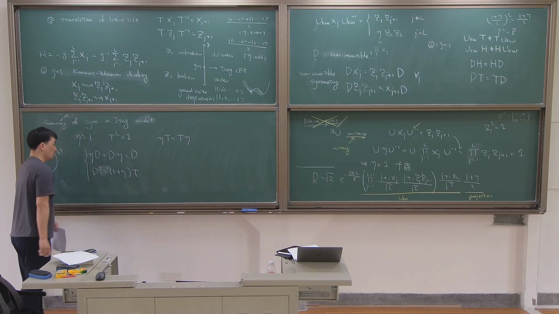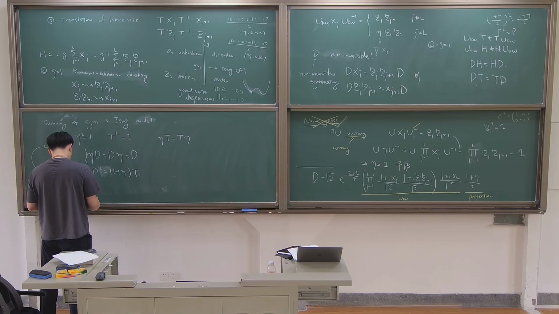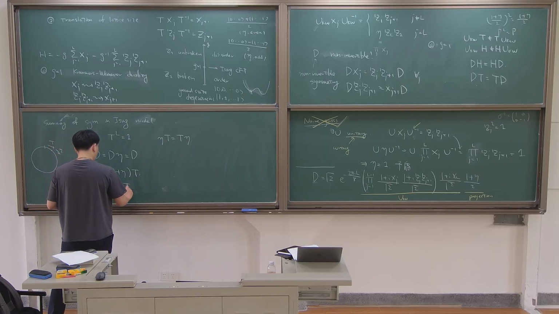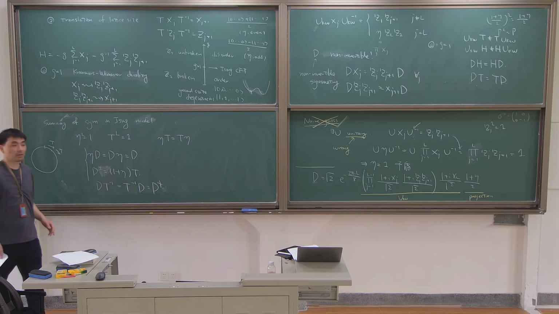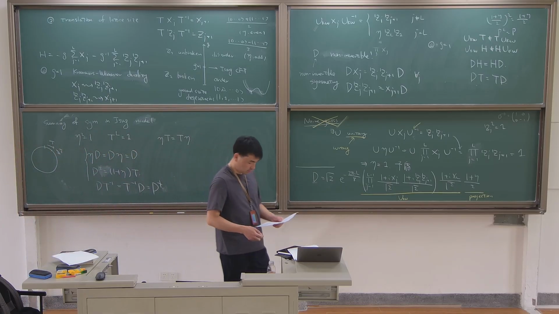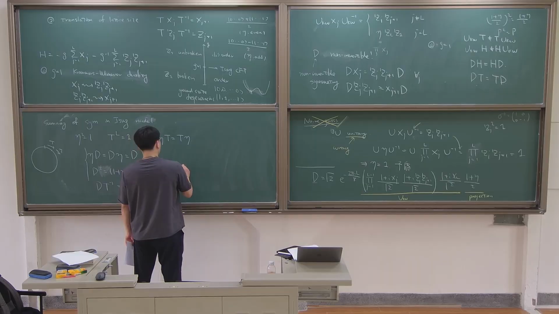So this is the property of D actually, and then also D T inverse is equal to T inverse D is equal to D. So these are actually the symmetry algebra in the Ising model. And I'm going to show this property from now by using the mapping to this parametric model. So this is what we will show.